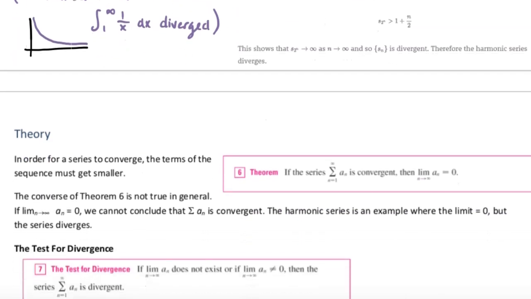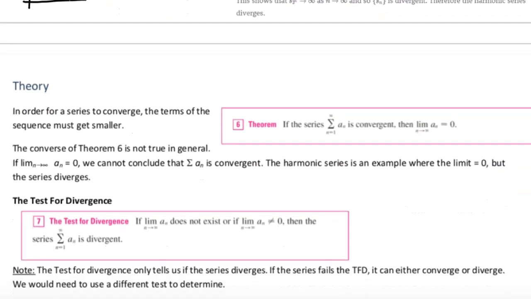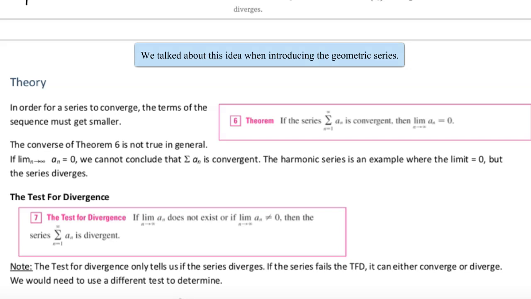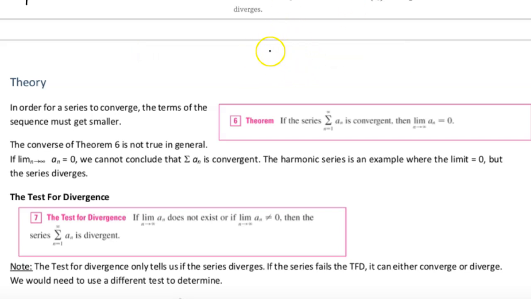All right, and with that, we have one more theorem. And that's that if the series of the summation from n equals 1 to infinity of a sub n is convergent, then the limit as n approaches infinity of a sub n is equal to 0. And so if we think about it, it makes sense, because I remember that a sub n represents just these values in this series.